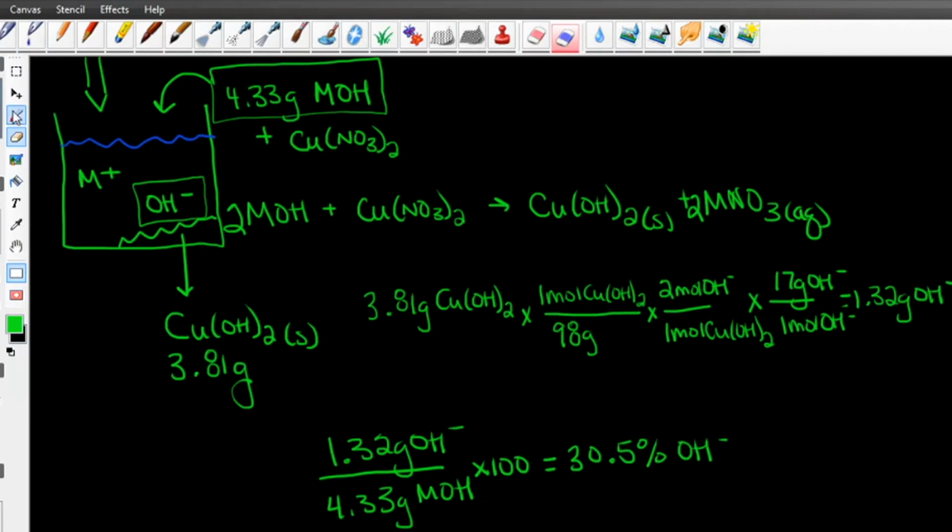Erase those. Okay, so what am I trying to figure out? Lithium hydroxide, sodium hydroxide, or potassium hydroxide? Just go through here, you guys, and figure out the percentage of hydroxide in each of these samples, just based on molar mass.